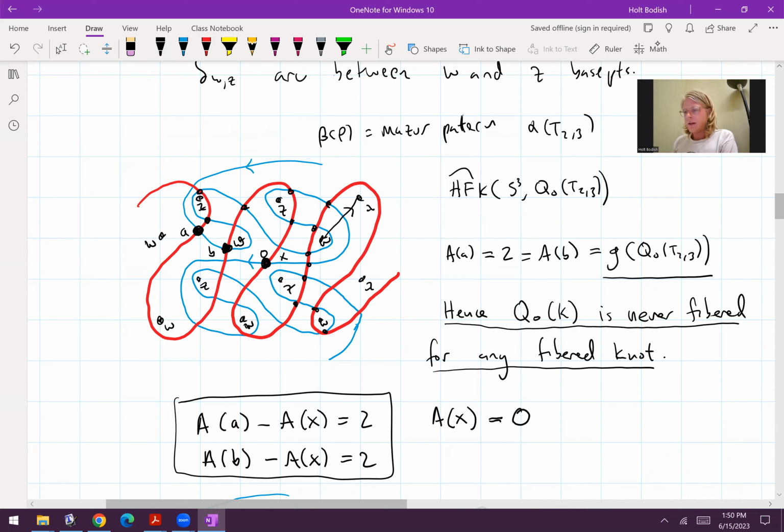Remember that there was some work of Levine showing when the n-twisted Mazur pattern is fibered. I want to show you here that you can reconstruct that calculation using the immersed curve picture of Chen.